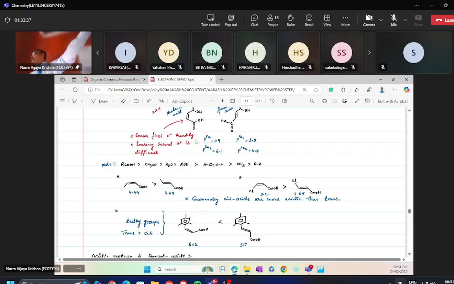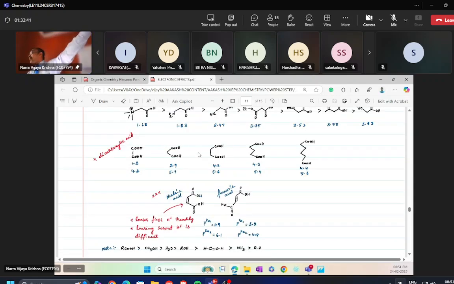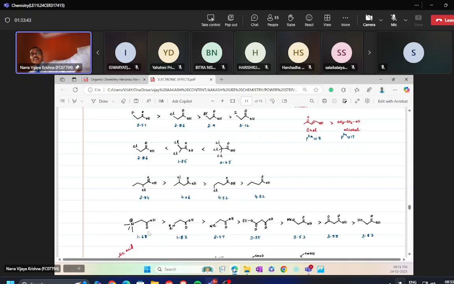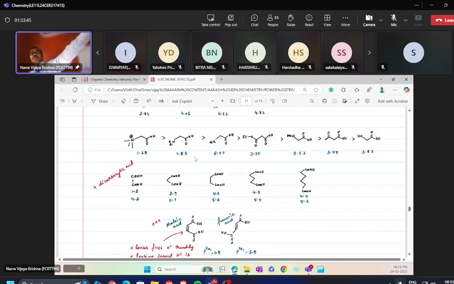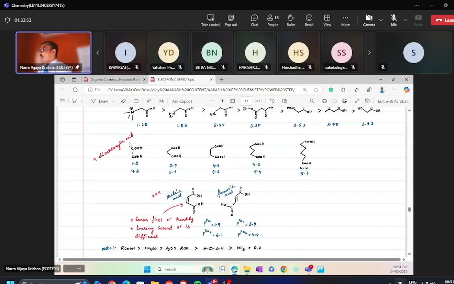If you want to read it in advance, all the examples along with pKa values are given. Why did I give the pKa value for every compound? Because you have a theoretical explanation, and we need confirmation whether my theoretical explanation is correct or not.